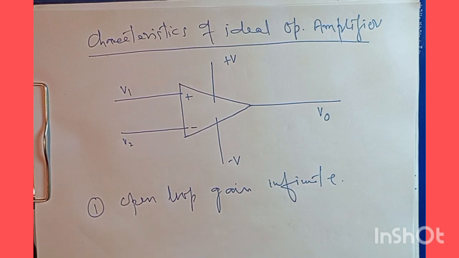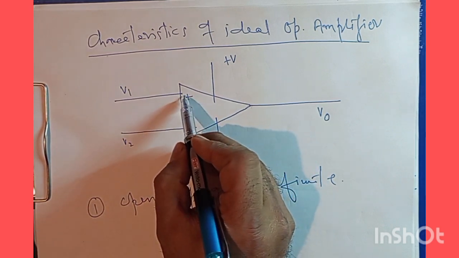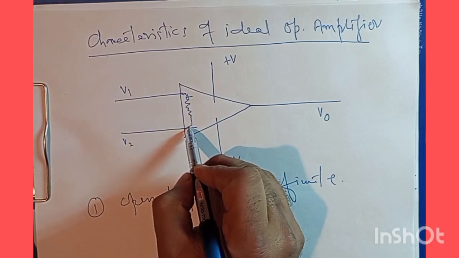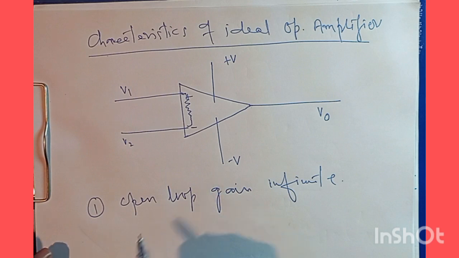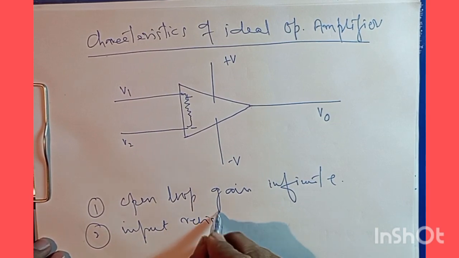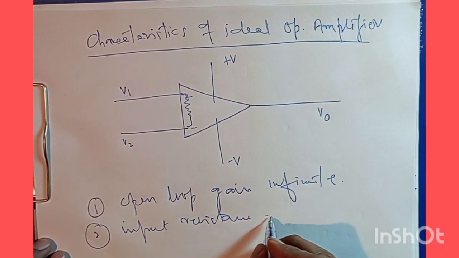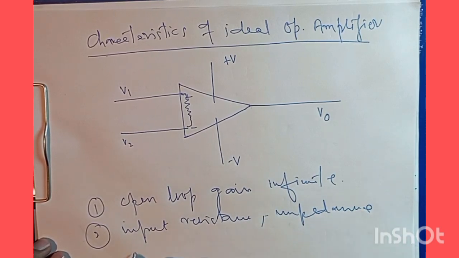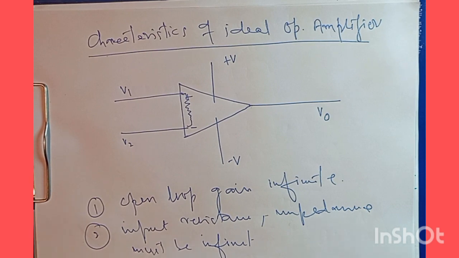The next important thing about this operational amplifier is that it must have some kind of resistance, right? So let me assume that, and the input resistance, or we may say impedance, of this operational amplifier must be infinite for an ideal operational amplifier.